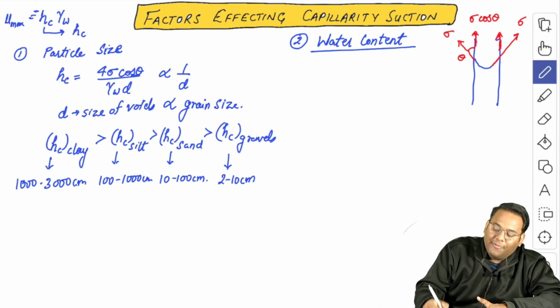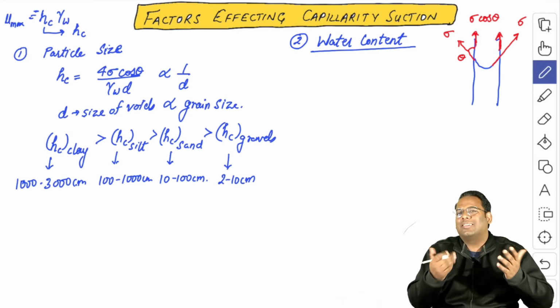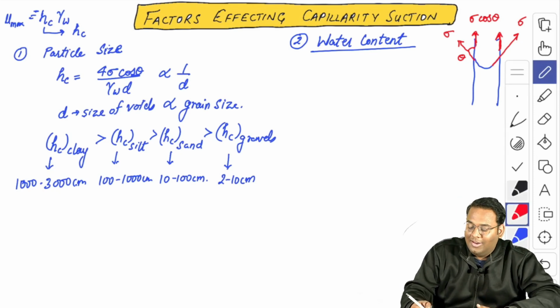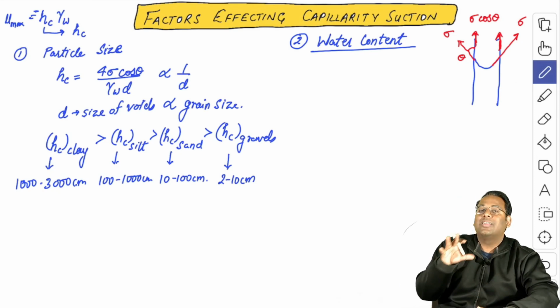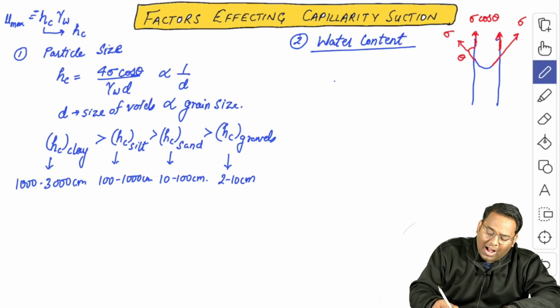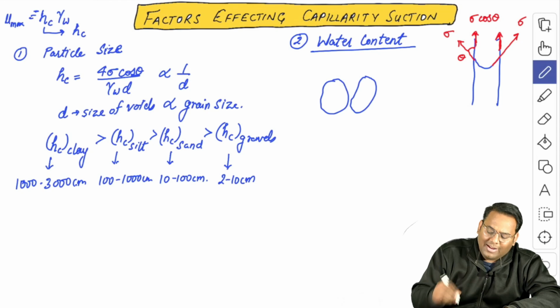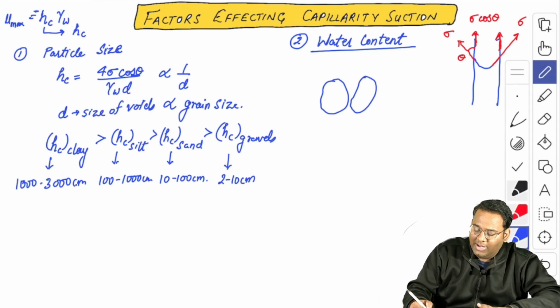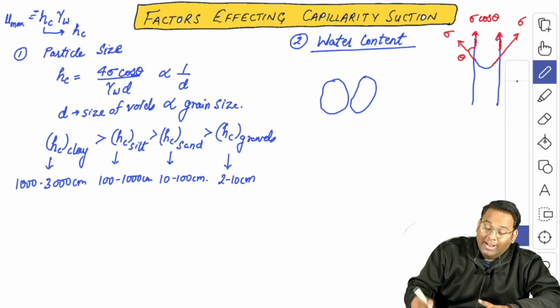Fine. But let us assume that I am increasing the water content. What will happen? This is the diagram we saw for the pipe, but let us consider different particles. Suppose these are two particles and water is present between them in the voids.